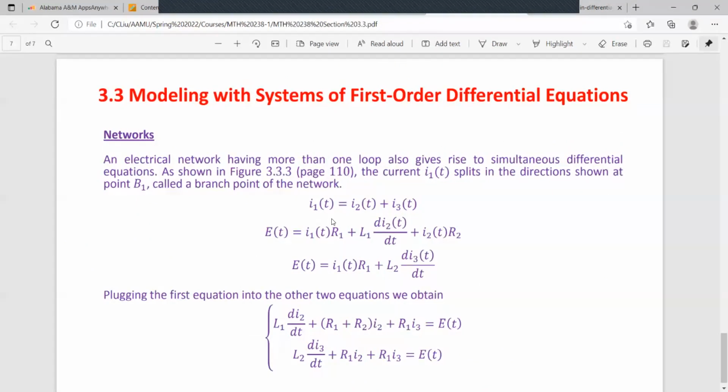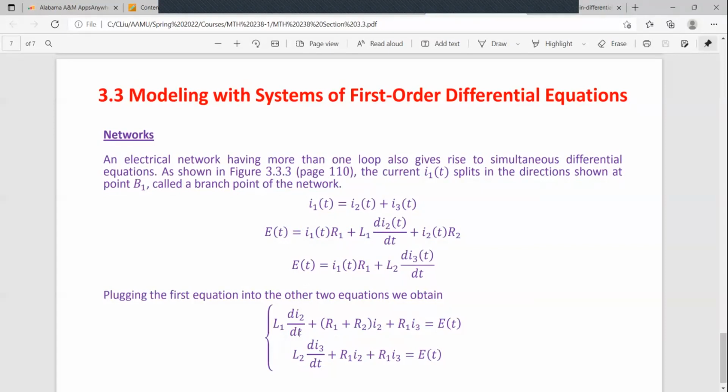If you plug the first equation into the other two equations, replacing I1 in the first term of each equation by I2 plus I3, and then combine the terms of I2 in the second equation, you get two equations with I2 and I3.